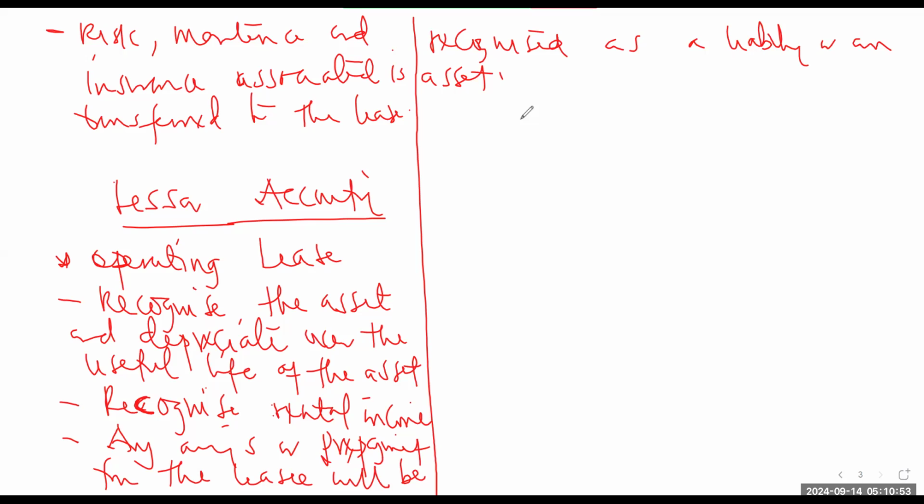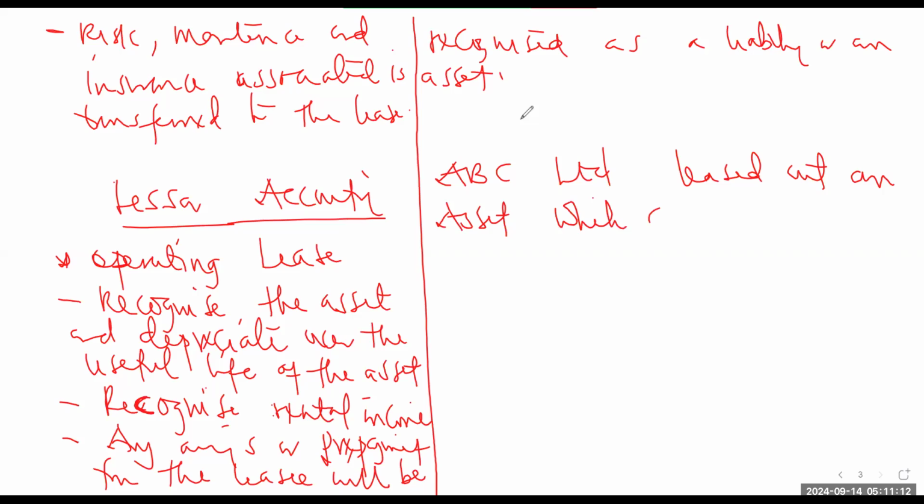So the lessor, which is ABC Limited, leased out an asset which costs, let's say, 10,000 Ghana cedi to XYZ Limited on an operating lease.